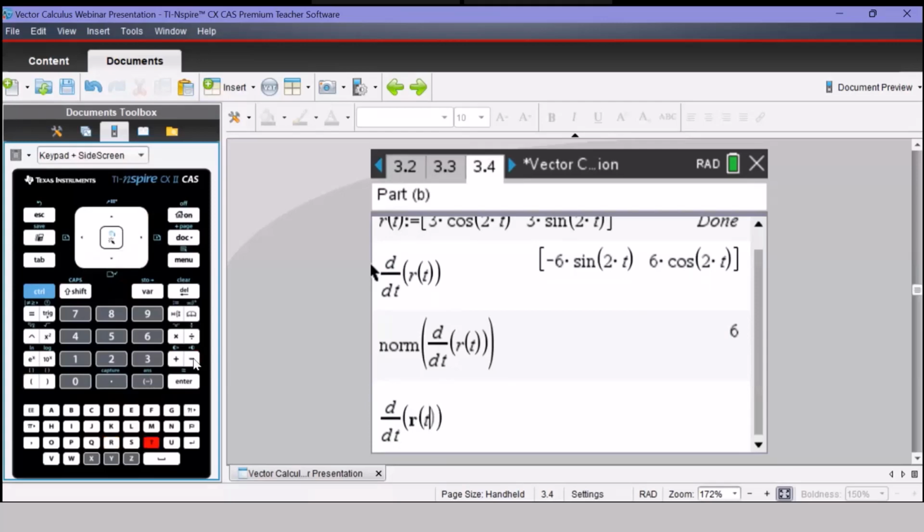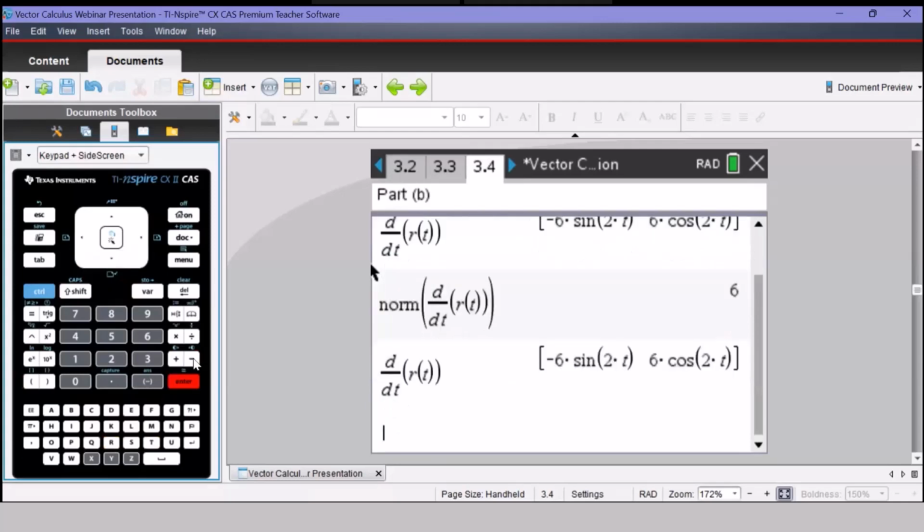Notice that the r is bold and not italicized, and that's a good sign. It means we've assigned r(t) to be that position vector, so that's fine. And we press enter, and there we get the corresponding velocity vector.